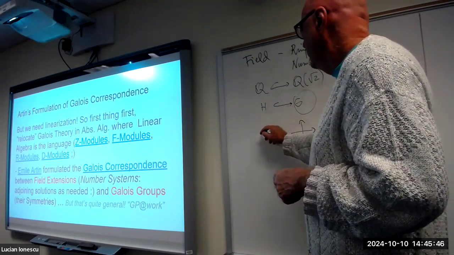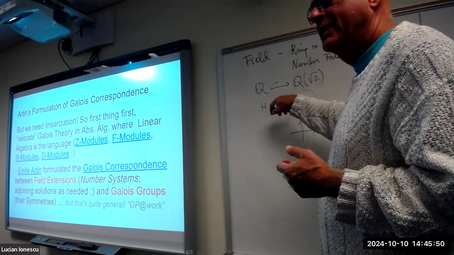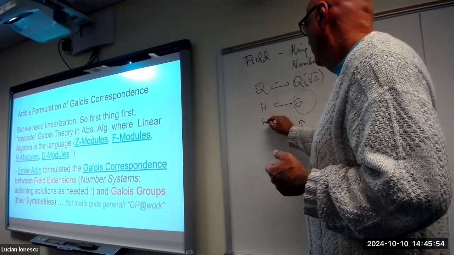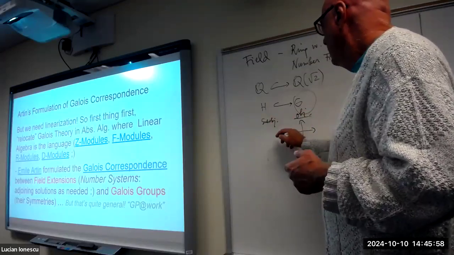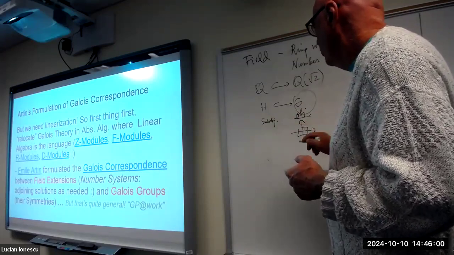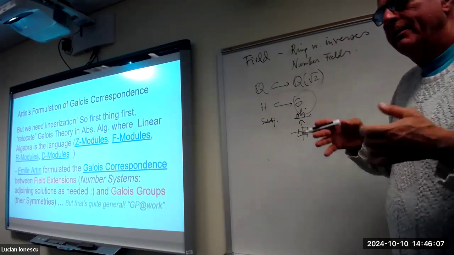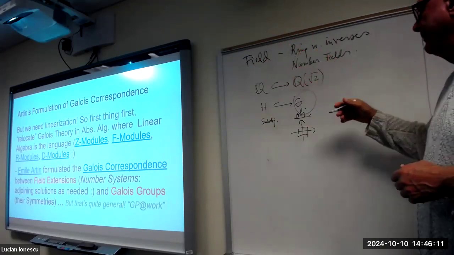Then you have inside a smaller object or a sub-object, like for instance, a square, and you look at the symmetries of the smaller object in the larger environment.